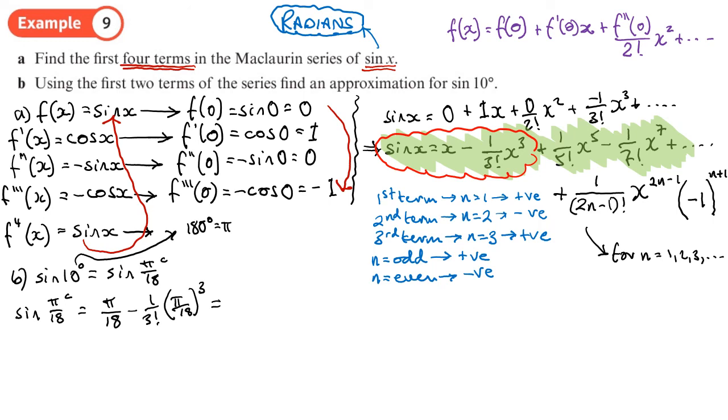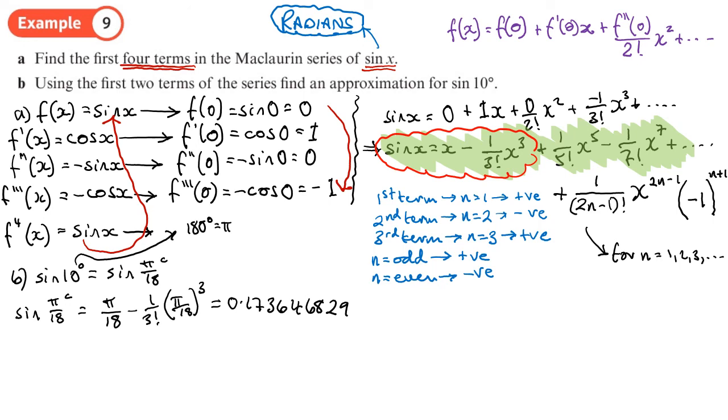I've done that on my calculator, and I'll get 0.173646829. Now the question doesn't say anything about how much we need to round to, so I could leave it like that. I could, if I wanted to, change it to 3 significant figures.